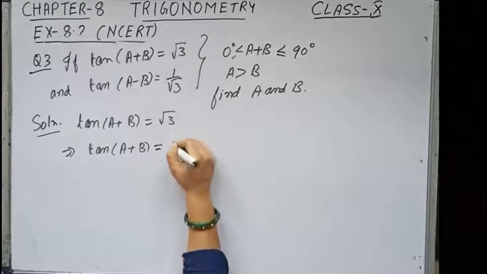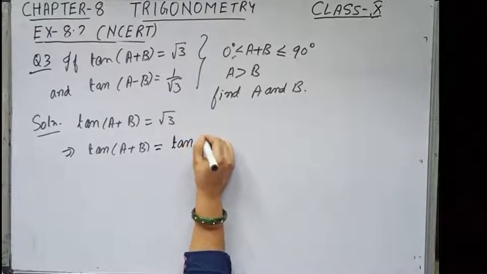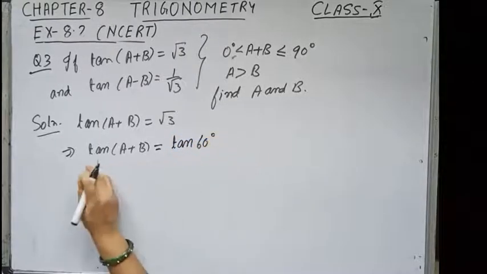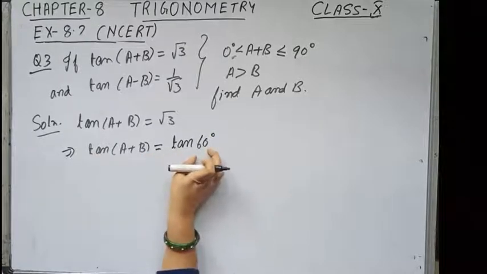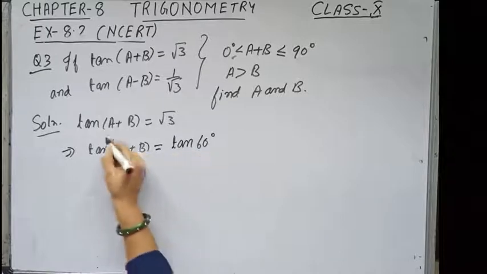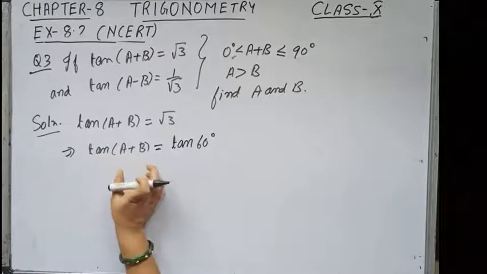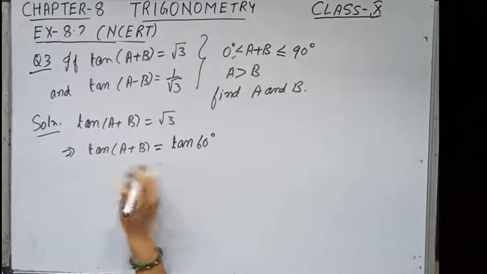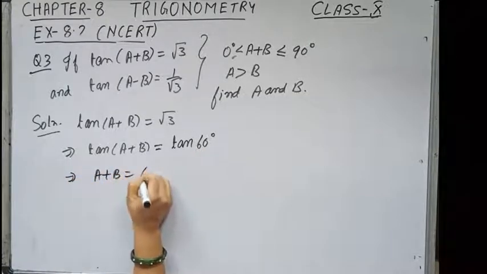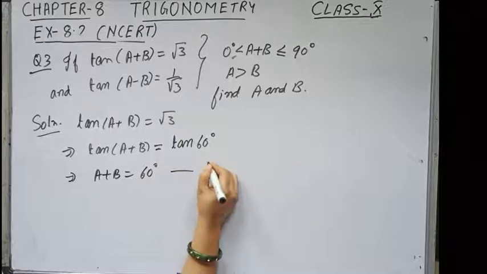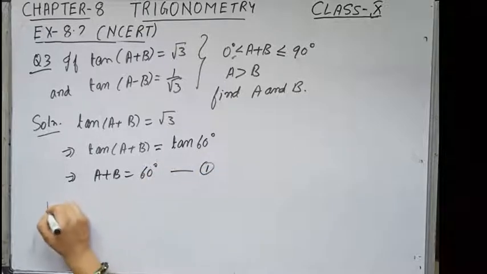So which value I will be writing over here as tan. So this will be equals to tan of 60 degree. Now over here, whenever the same t ratio is there, we can equate the angles. We will not give a stroke like this, we will not cut it, only simply we will equate the angles. So this implies a plus b equals to 60 degree, and we will be making it equation number 1.